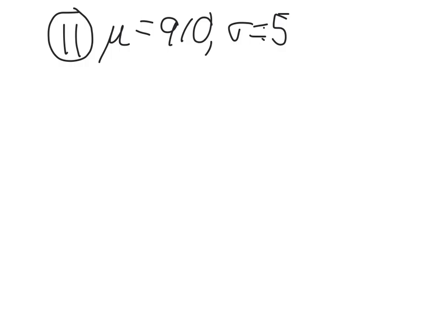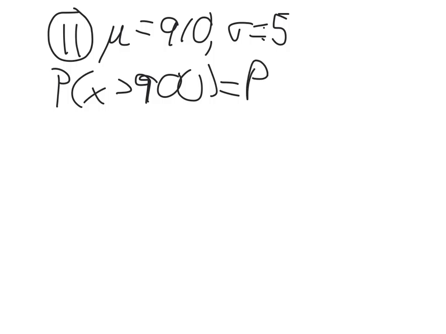Here we have mean mu equal to 910, and sigma is equal to 5. We want the probability that x is greater than 900.